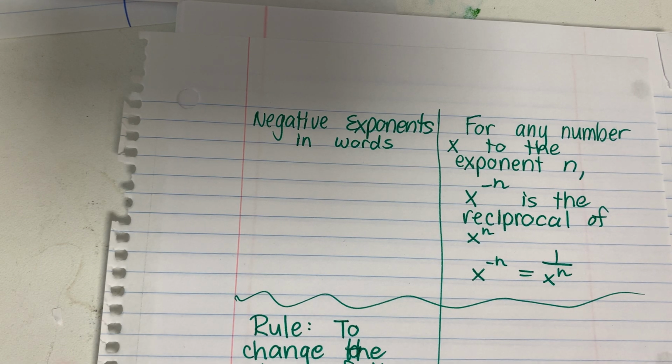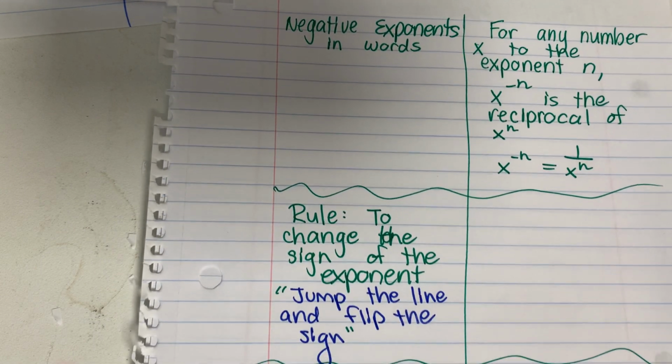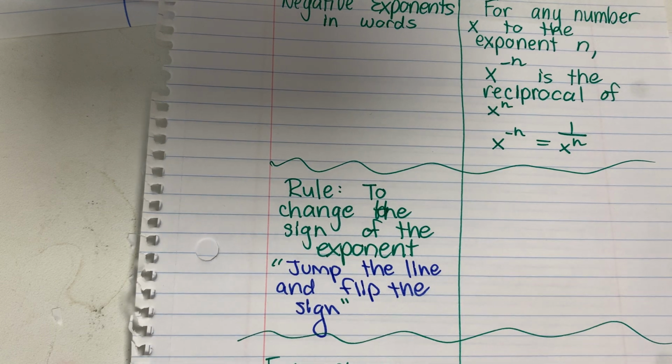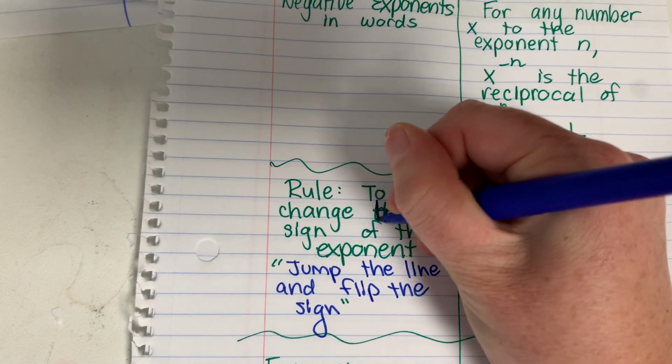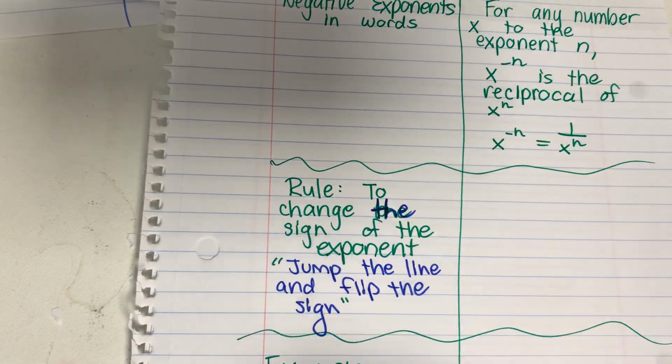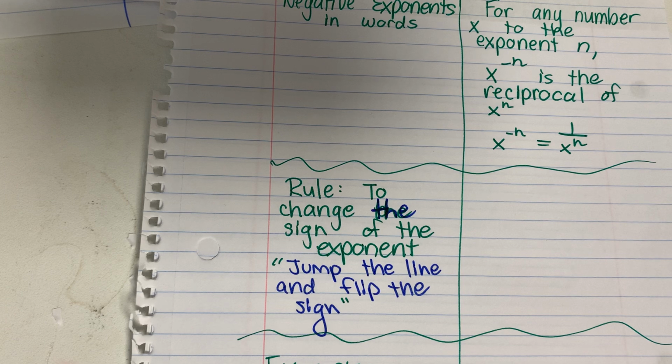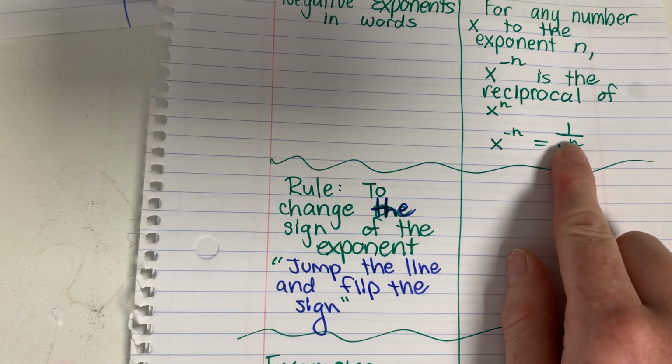What does that mean? Well, this is the rule to live by with negative exponents. To change the sign of the exponent, jump the line and flip the sign. What does that mean? Jump the line. Well, the line, this is your line.